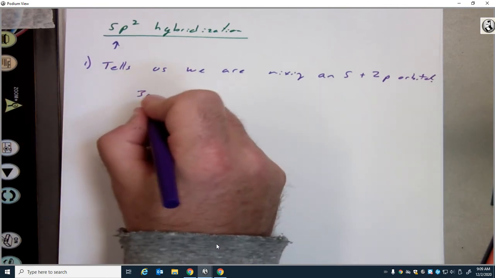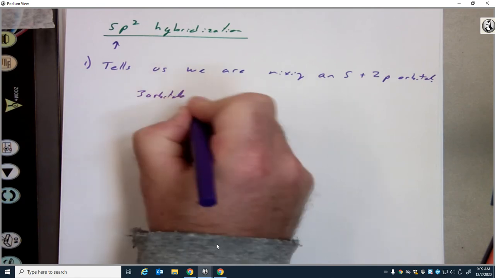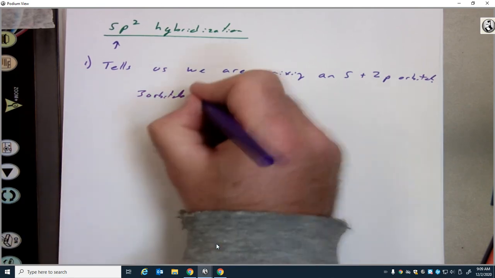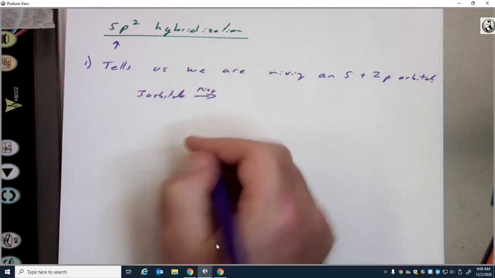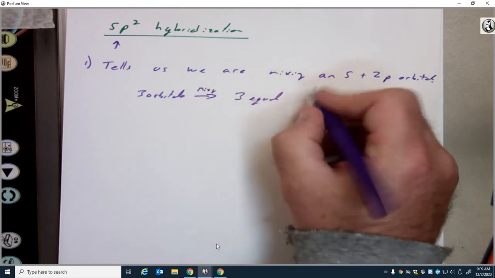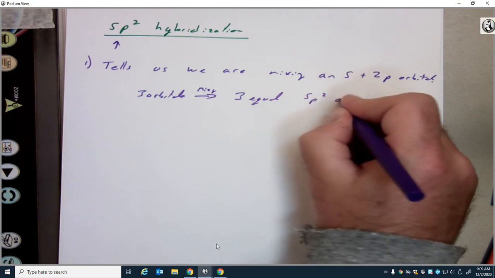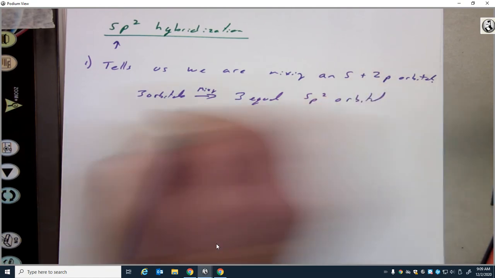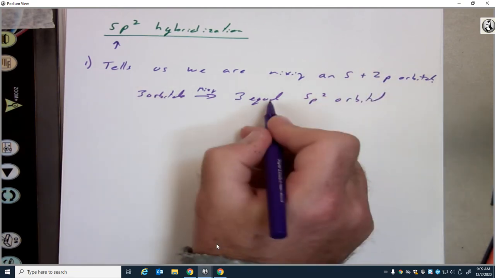We're taking 3 orbitals, we're mixing them, and we're going to get 3 equal sp2 orbitals. So if we mix 3, we get 3.